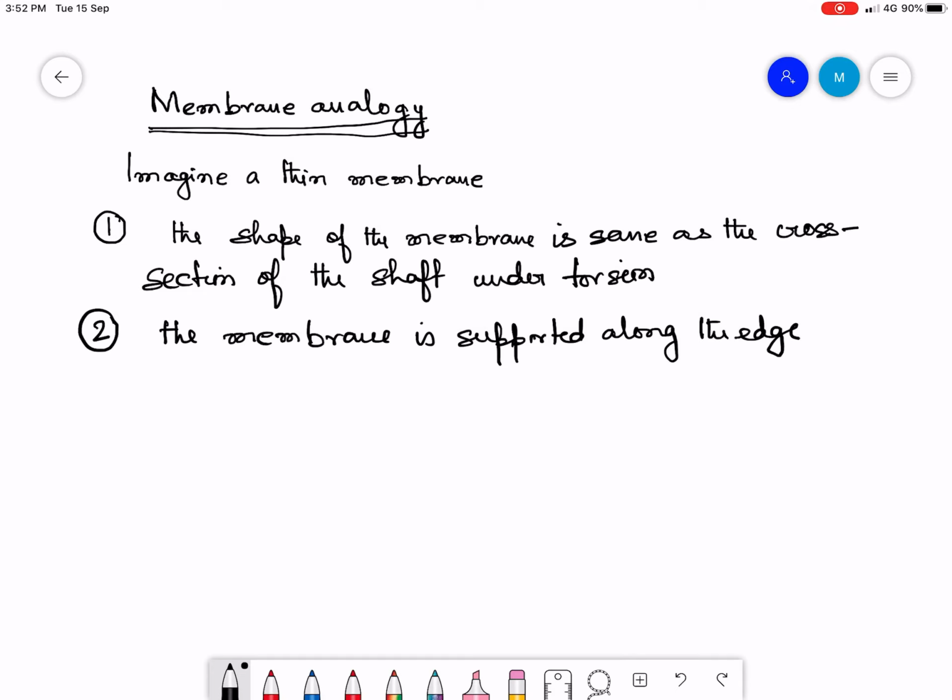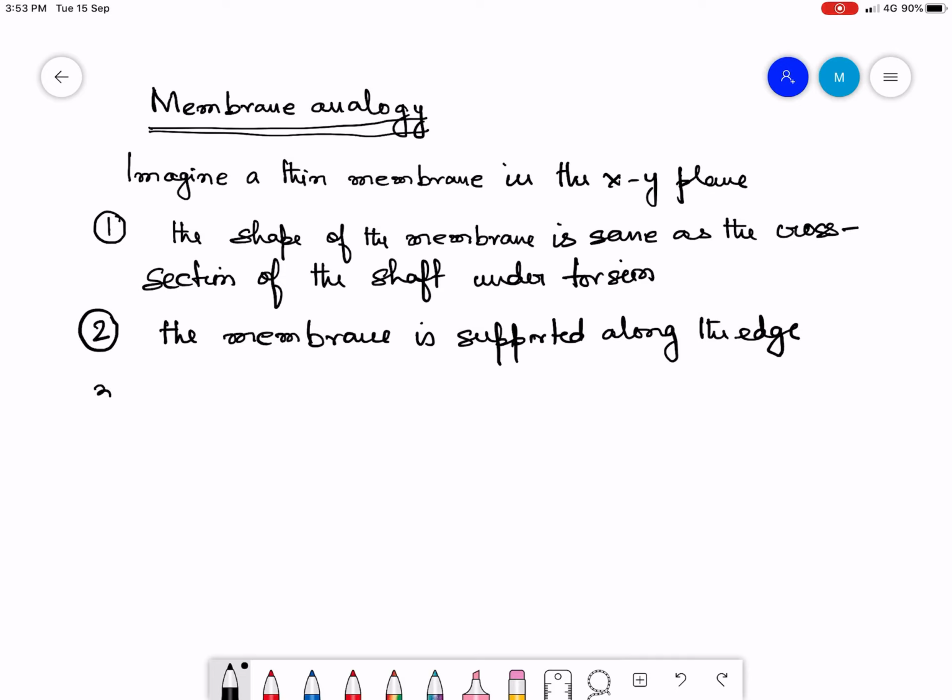So, it is supported all along the edge. So, along the edge there would be no out of plane deformation. So, let me also add to this, imagine a thin membrane in the xy plane. Okay. So, it is supported on the edge so that the outward deformation, that is the deformation in z direction along the edge is equal to 0.